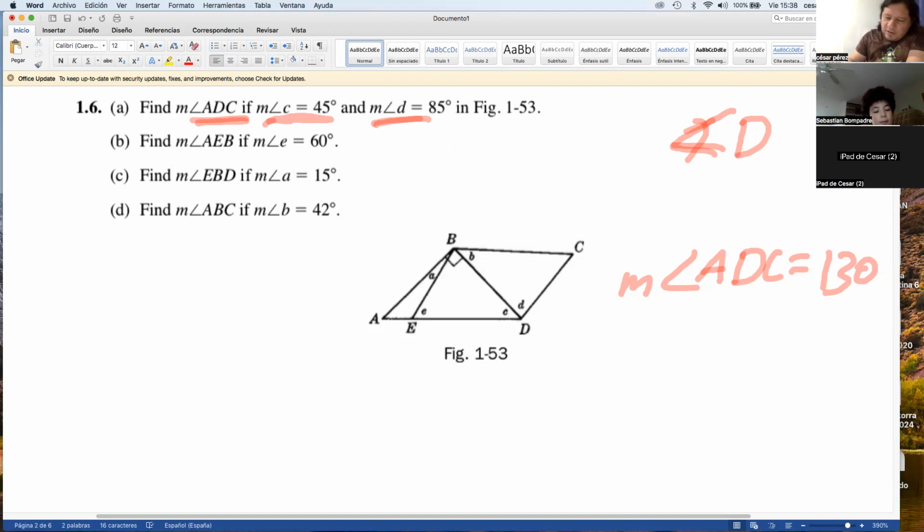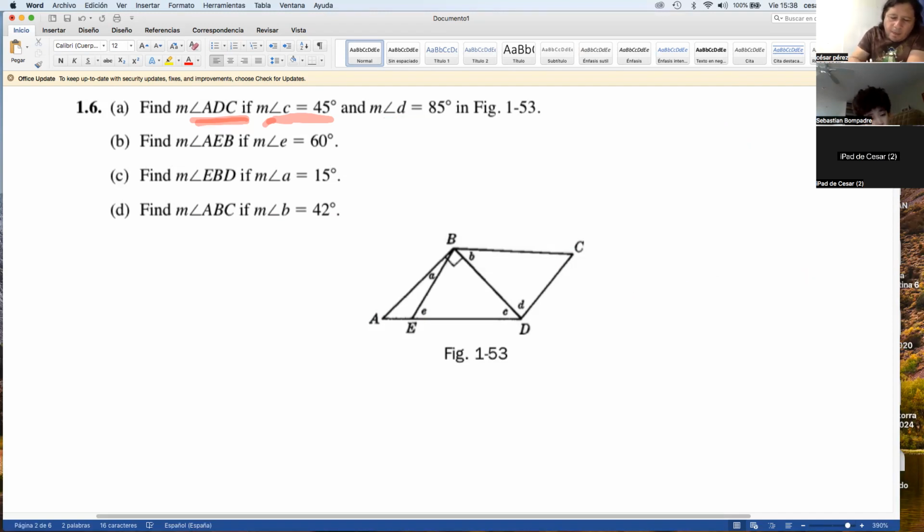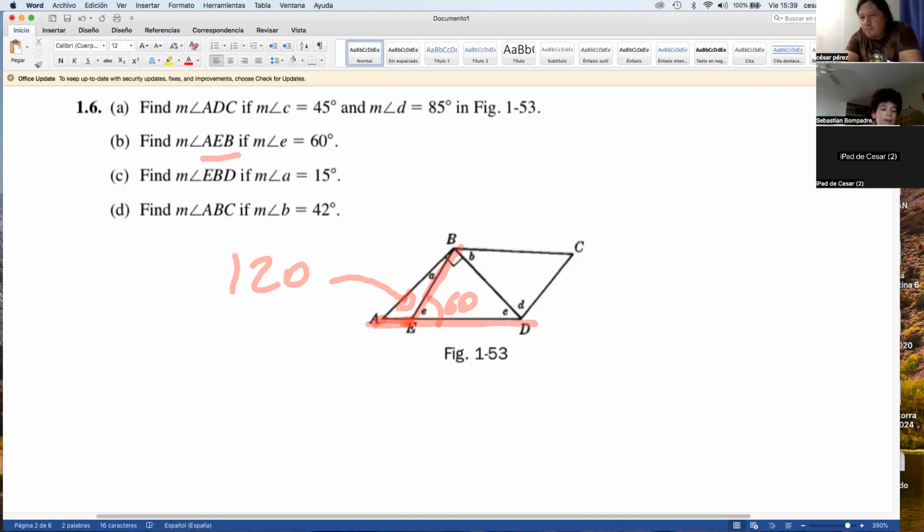Let's see. We have AB. Here it's 60. Here we will have 120 because this is a line.